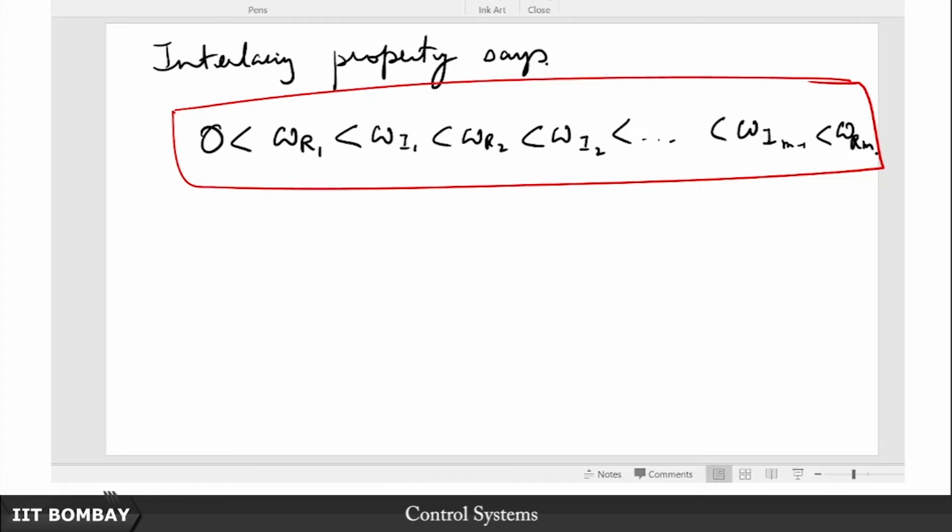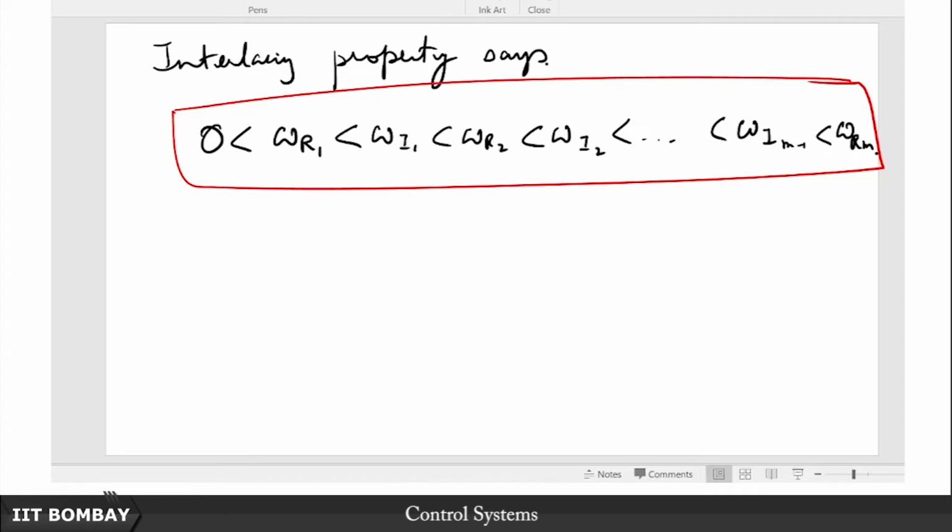If I can get from 20th to 19th that way, there is hope I might get from the 19th to the 18th, from the 18th to the 17th, and so on, and keep reducing. So can I come up with a strategy that will allow me to preserve this interlacing property?